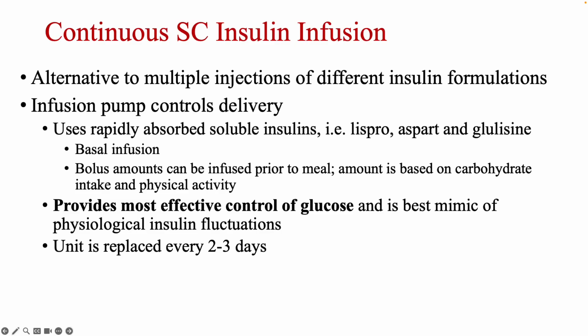Pumps are by far the most effective control of glucose because they can sync with Dexcoms, which are continuous glucose monitoring systems, and automatically give you the perfect amount of insulin minute to minute, meal to meal. And so these insulin pumps are going to be the most effective way of mimicking the body's natural system the best.